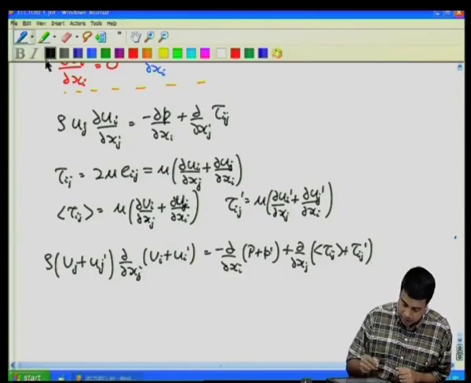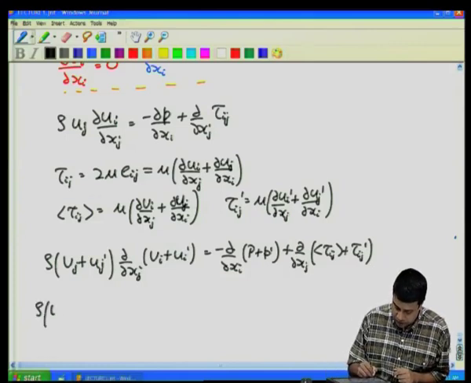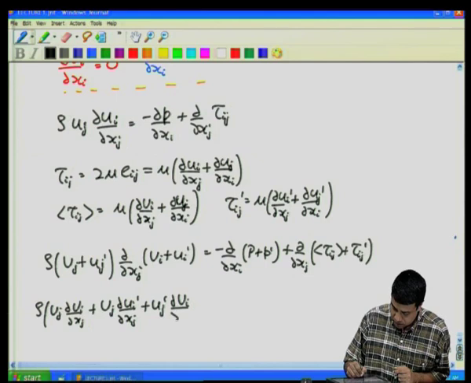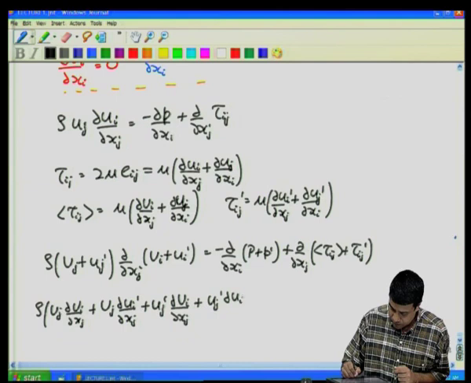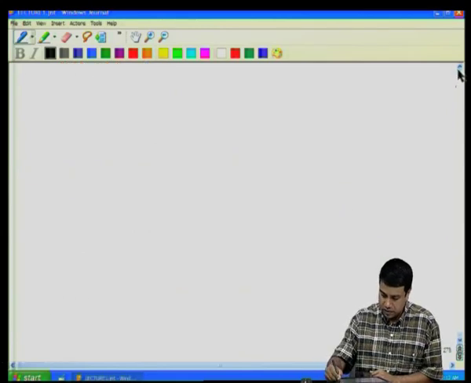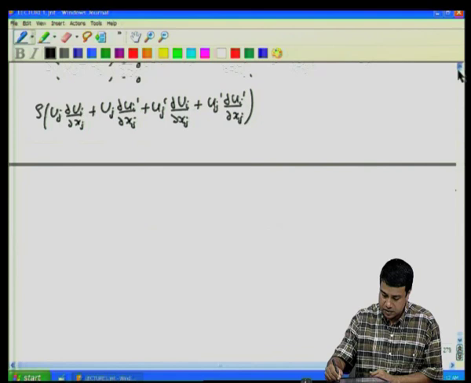So, I will get rho into Uj partial Ui by partial xj plus... it is expanding out the first term in the inertial term on the left hand side. I just expand it out.